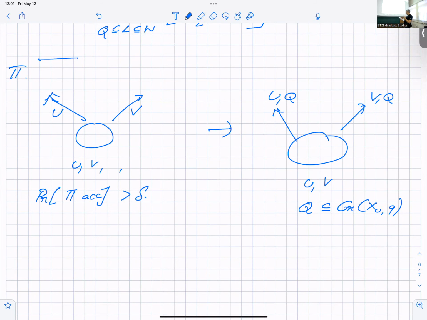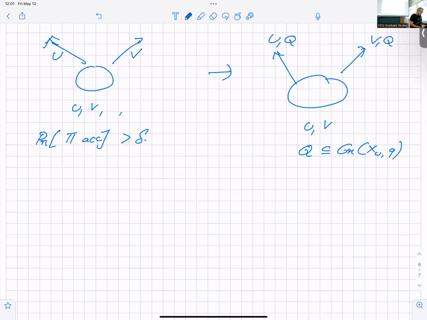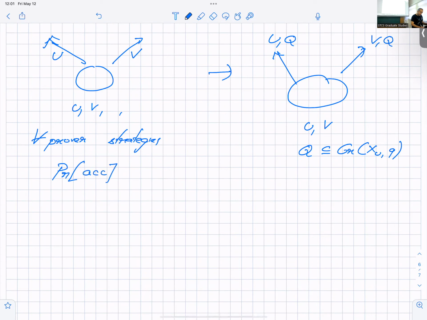The claim is, what do we know about this test? We know that for all prover strategies, the probability of acceptance is at most exponential in minus beta k. This is what we have over here.